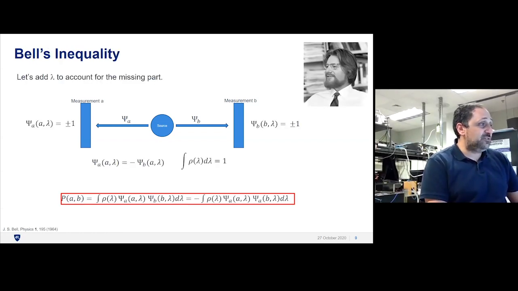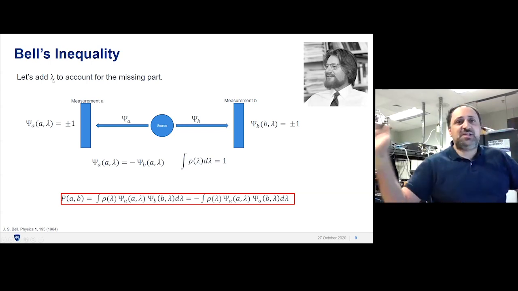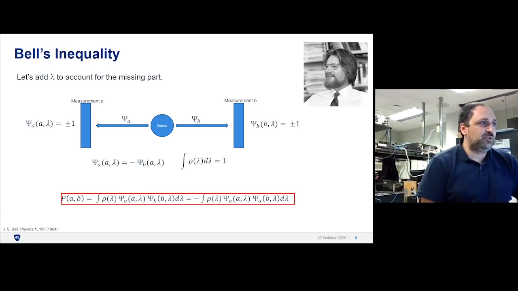30 years later, about, John Stuart Bell, pictured here, came up with a way to test this. So he said, let's say there's some missing variable in quantum mechanics. There's something missing with our wave function. And let's just group all of it together and call it lambda.